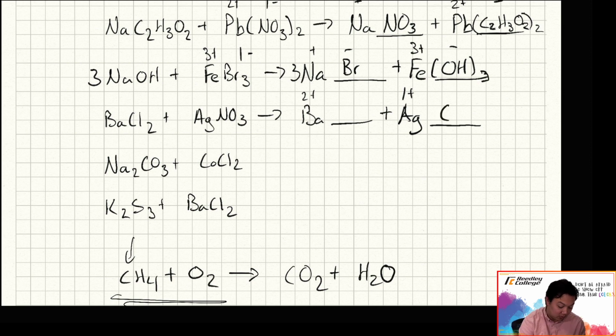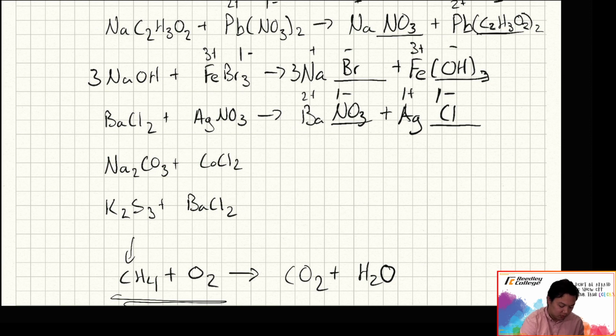So we have silver chloride, and we have barium nitrate. Nitrate has a -1. Chlorine has a, I keep saying -1, it's technically 1-. Okay, so those both have 1 minus charges.